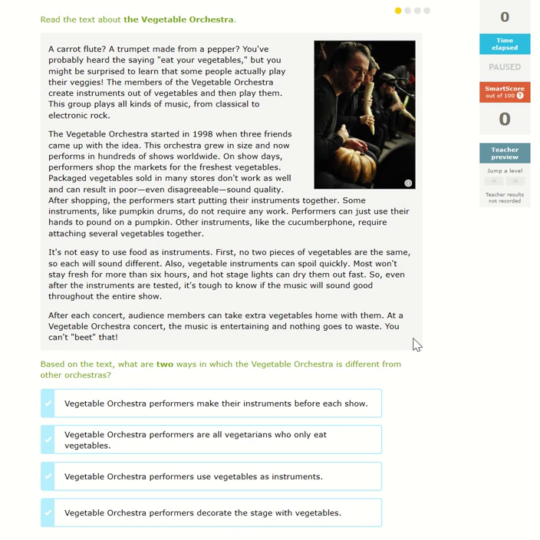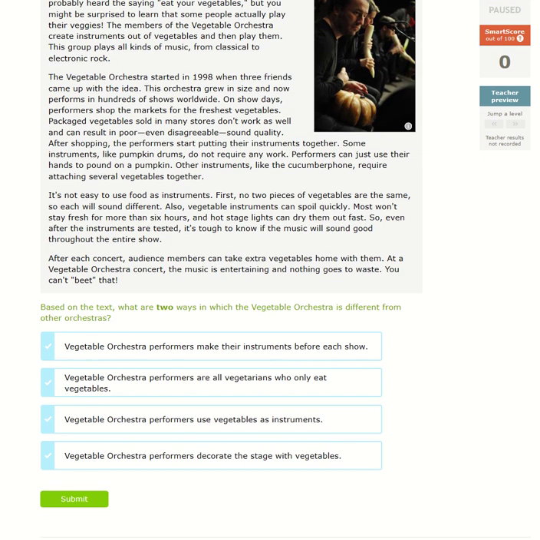After each concert, audience members can take extra vegetables home with them. At a vegetable orchestra concert, the music is entertaining and nothing goes to waste. You can't beat that. I don't know if you know this, but this is a spelling of the vegetable, the beet. So that's funny. It's a pun.